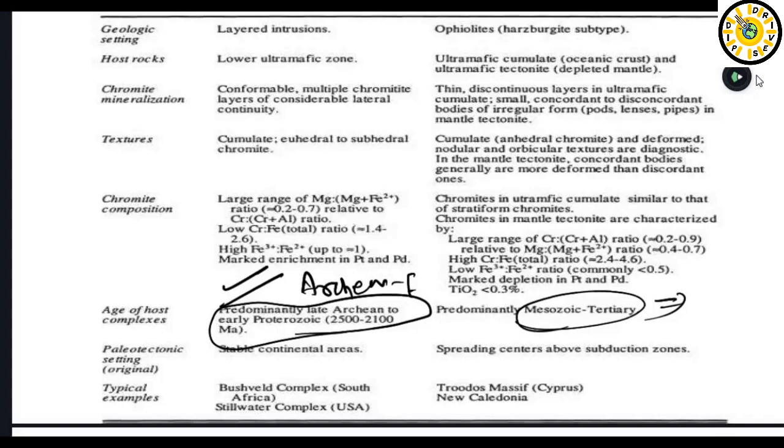Just take a guess. Why is it associated with the late Archean period, and why is it associated with the Mesozoic and Tertiary period? Because all the deposits will be hosted in different hosts, right?